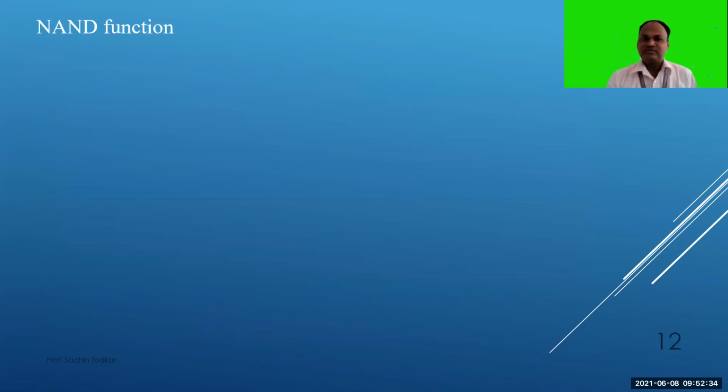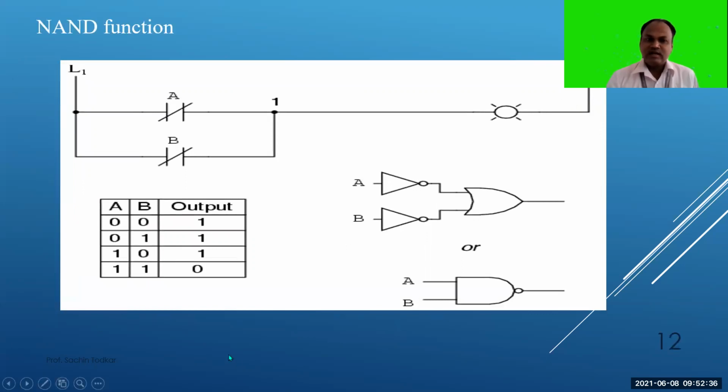Then the NAND function or NAND gate. The NAND gate is made of two NOT gates and one OR gate, or we can say one AND gate and one NOT gate. You can see the behavior of the NAND gate is exactly opposite to the AND gate. With 1, 1, it becomes 0.